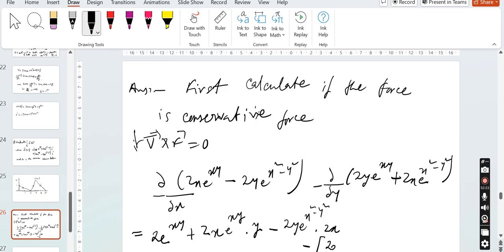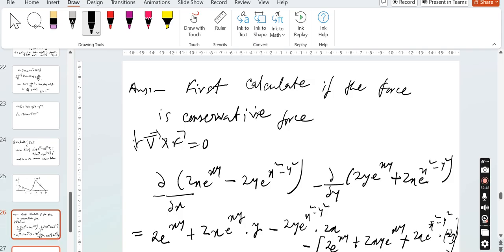It will be 2 e to the power xy plus 2xy e to the power xy minus 2x e to the power x square minus y square into minus 2y.